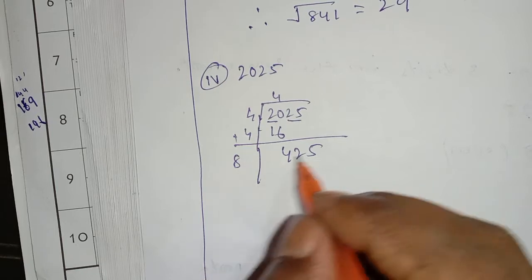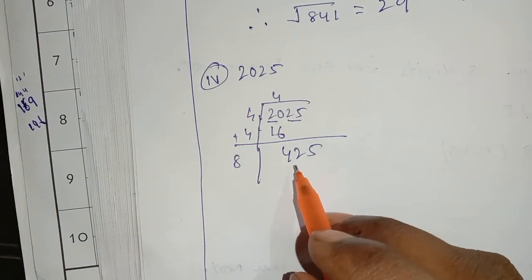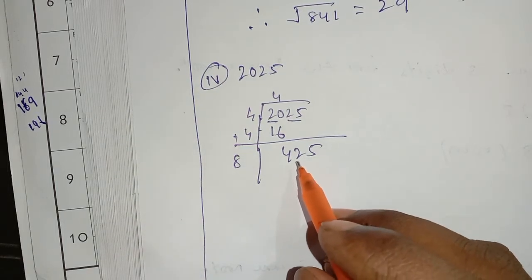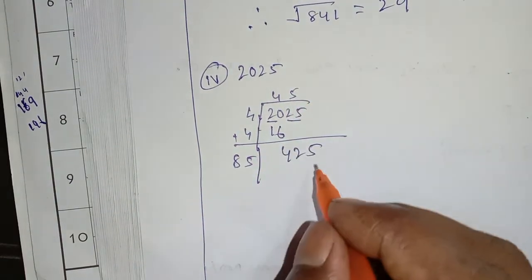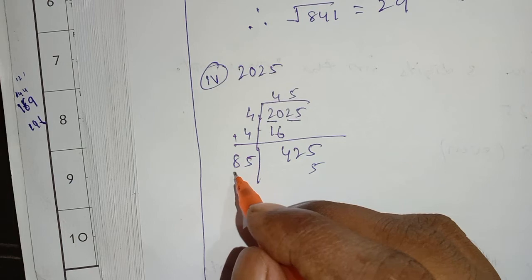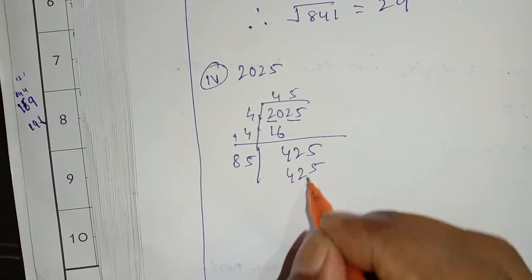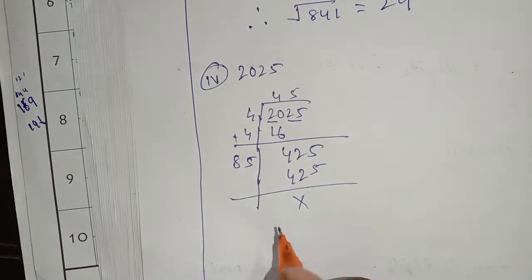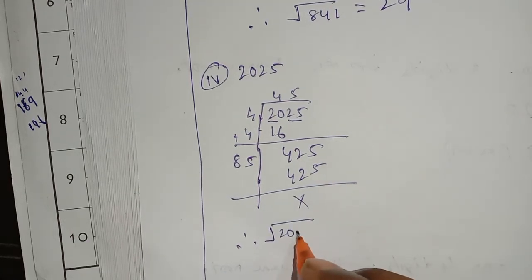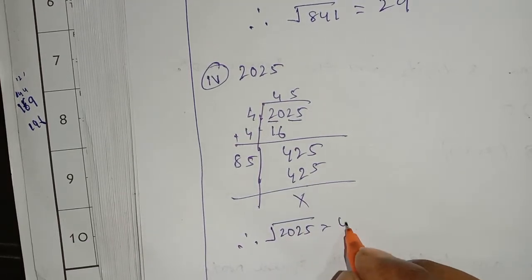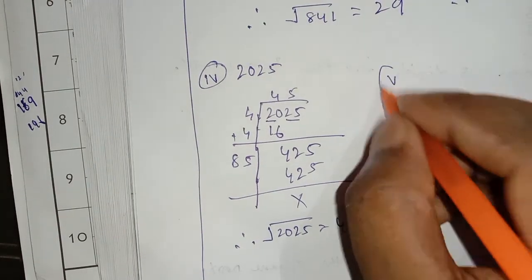Okay, now with 8 what number will we take? Then you will get 425. 5 if we take, then it means last 5, then 5 we have to take. 5 5 is 25, 5 4 is 40 and 2 is 42, then cancel. Okay, then therefore you got what? Root 2025 equal to 45.